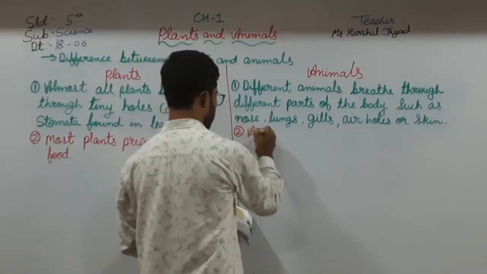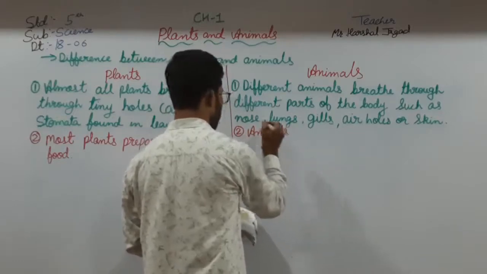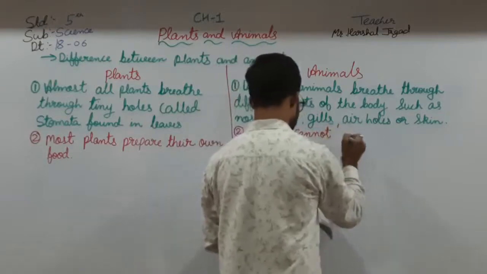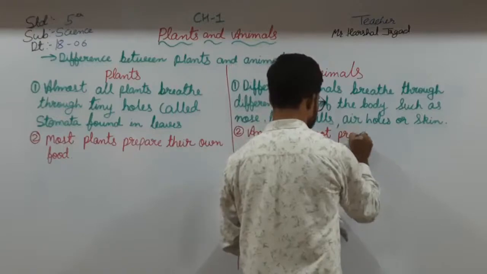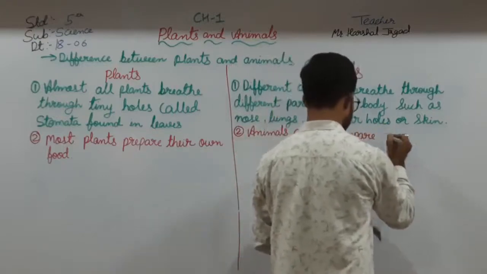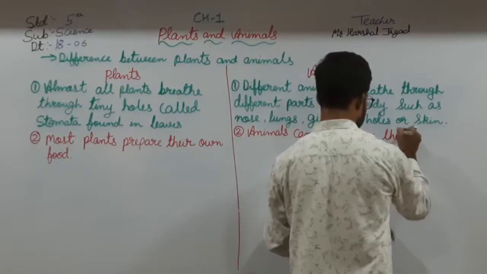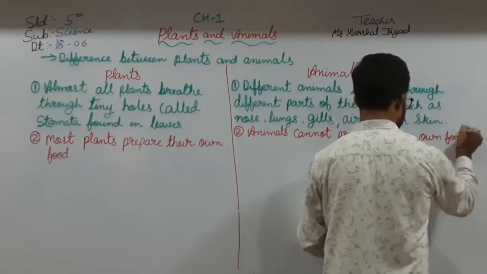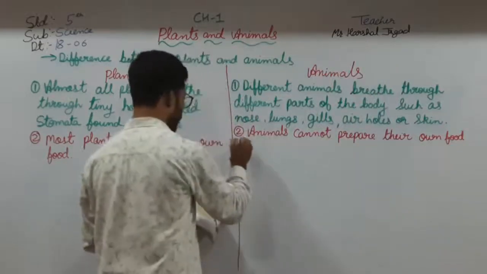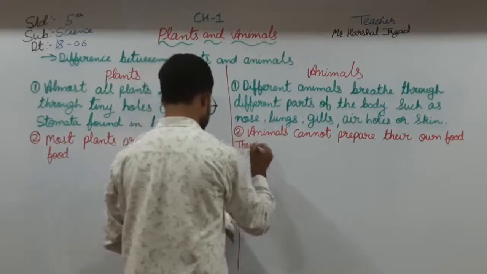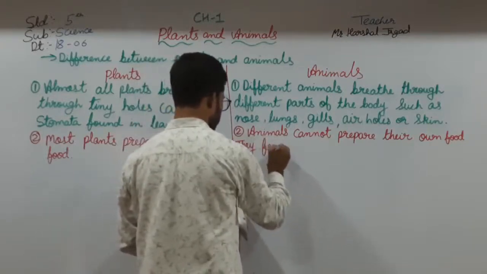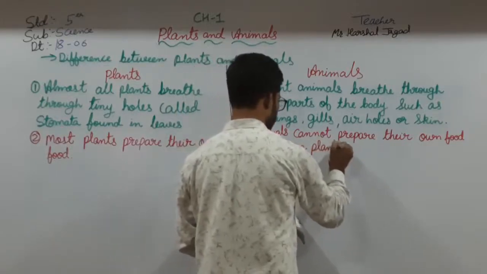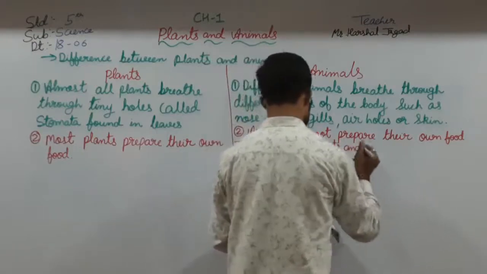animals cannot prepare their own food, they feed on plants and other animals.